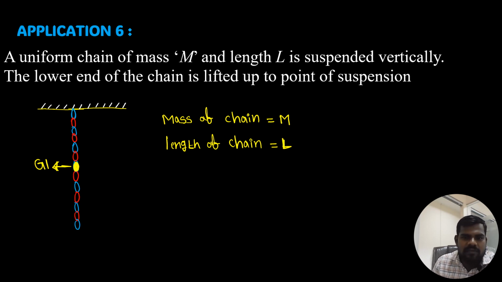Now the second point: the lower end of the chain is lifted up to the point of suspension. Here, this is the point of suspension. Now I'm holding this lower part and lifting it vertically upward.